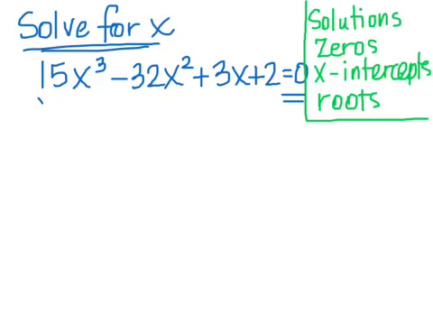And so what you want to do is, when the polynomial is on the left and you have a 0 on the right, you can use the zero product property to factor and solve.